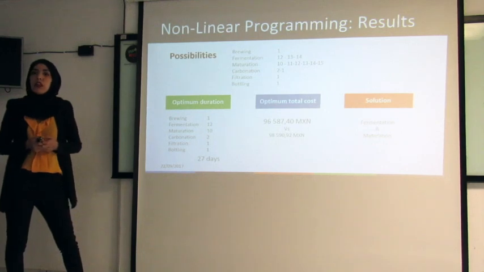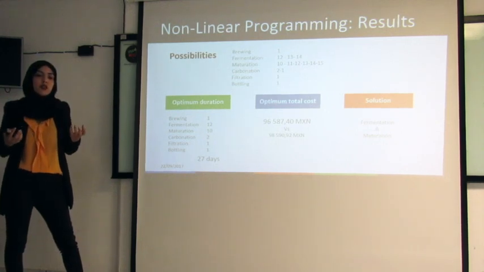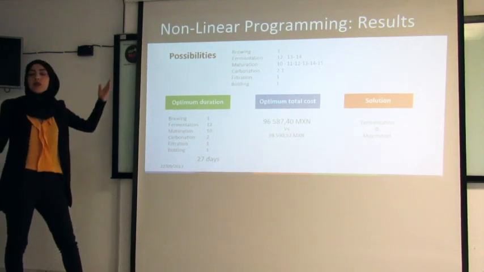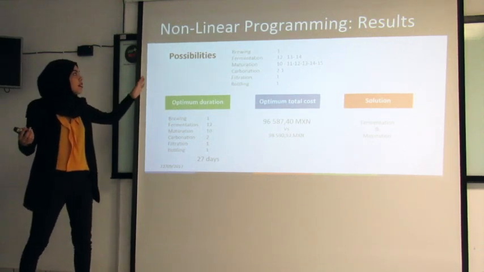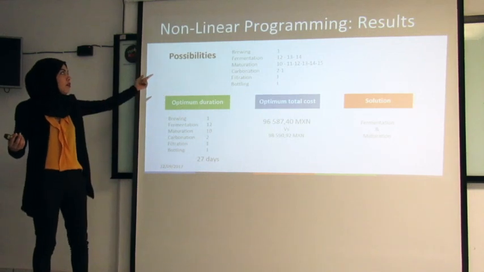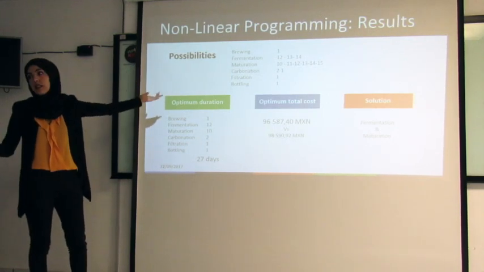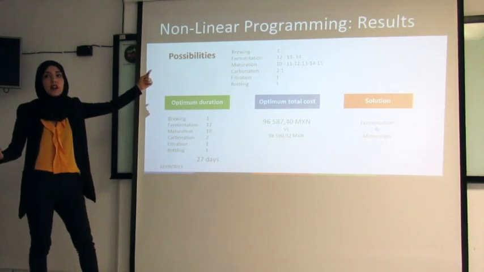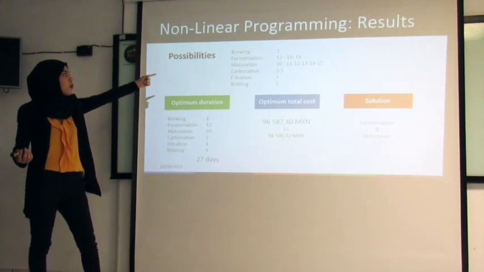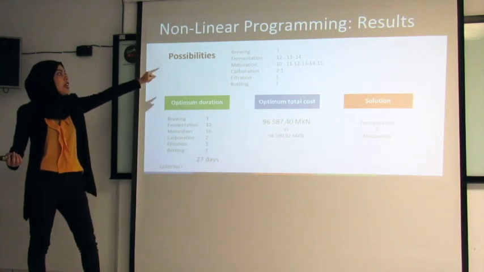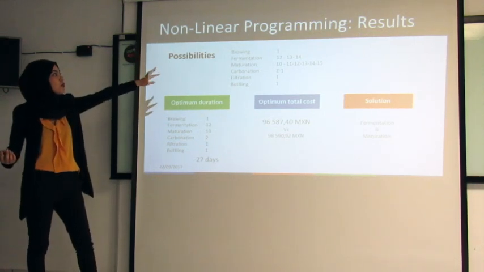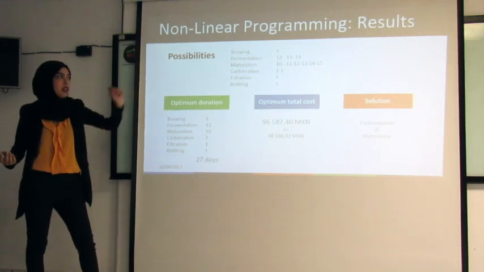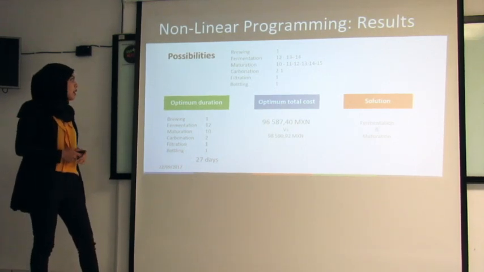Using that Solver, the constraint was the duration of activities, and these are the possibilities that we have. For brewing and bottling, it's the same, but for filtration and carbonation, it can be 1, 2, or 3, for fermentation it can be from 12 to 15, and for maturation from 10 to 15.